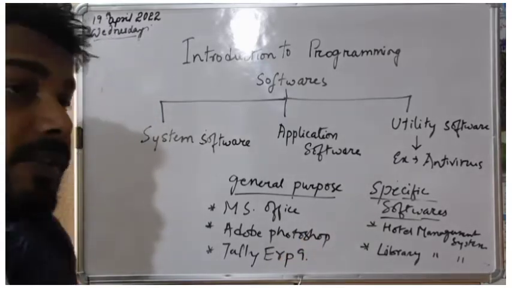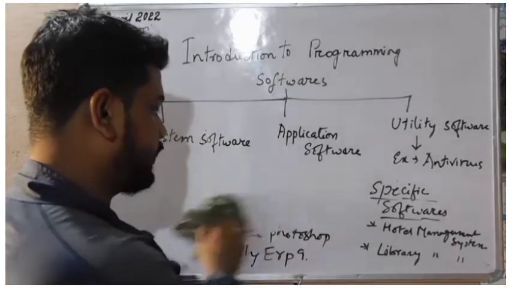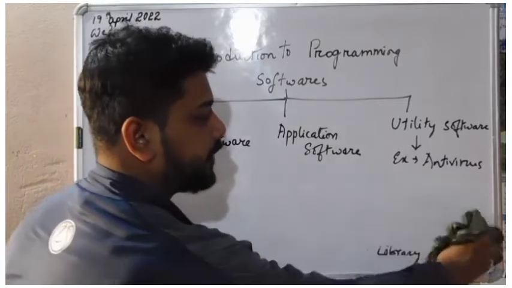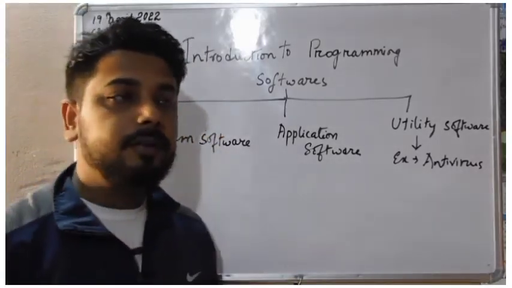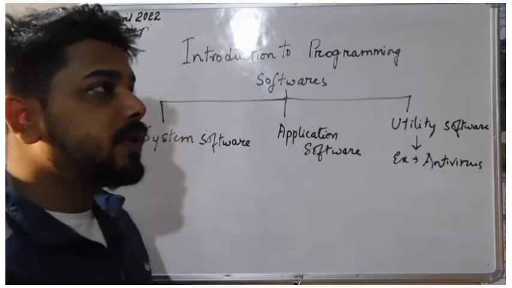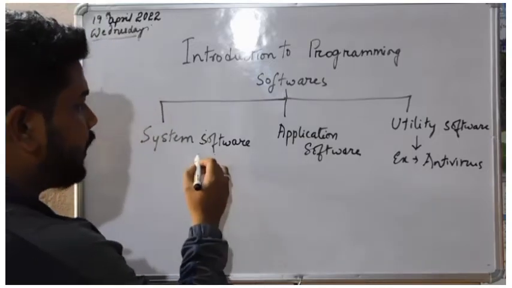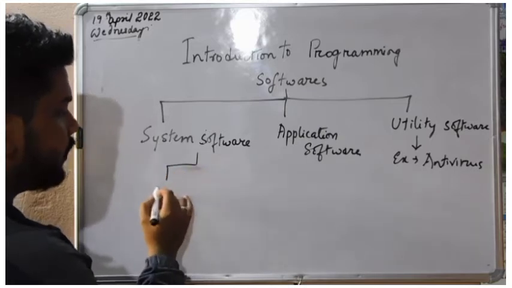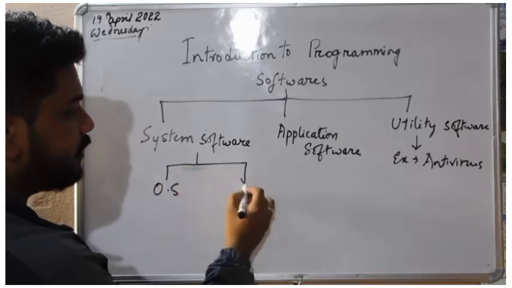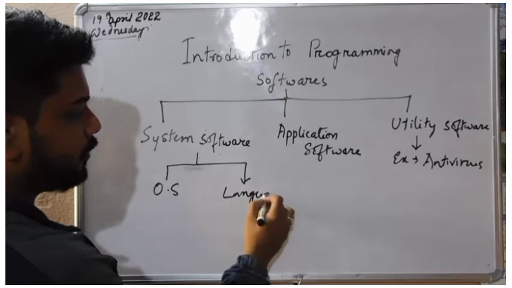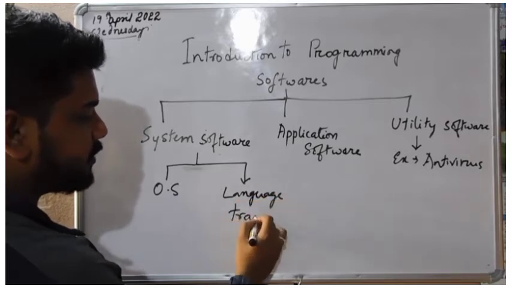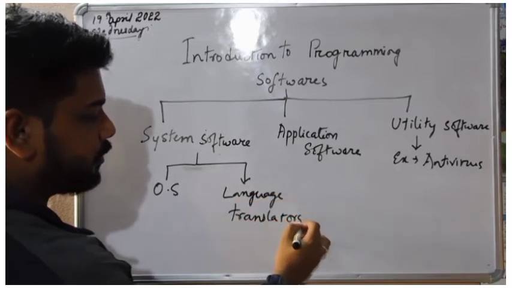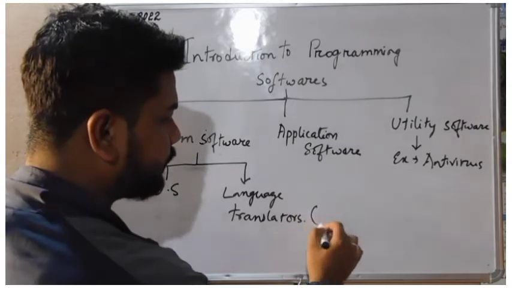Now, how is programming related to this? First of all, you must know a part of system software. We have already studied the operating system. Then you have language translators. Now what are language translators?